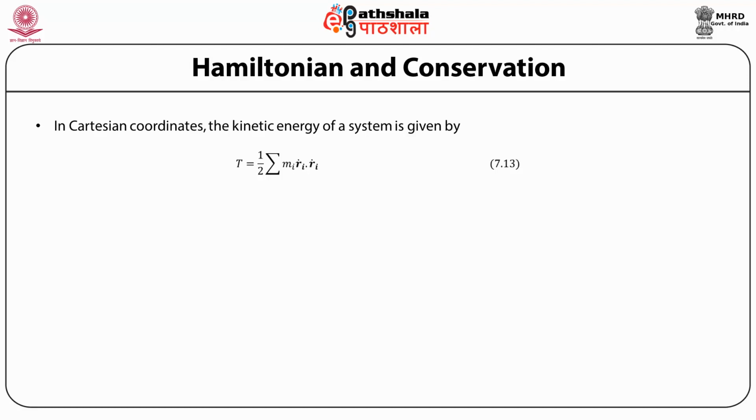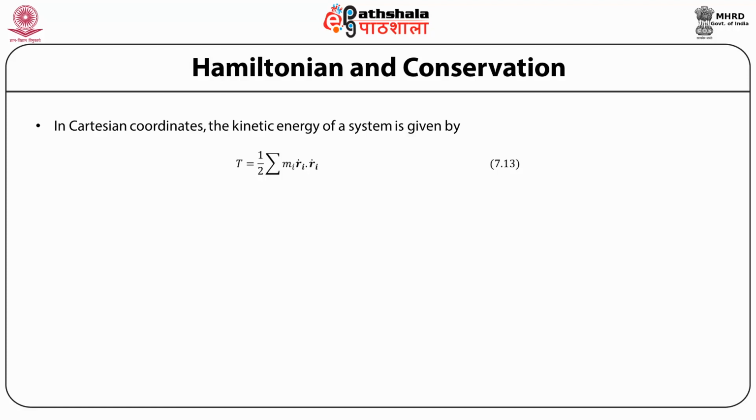A particle of mass mi has a velocity vi, its kinetic energy is half mi vi squared. If the system consists of n particles, the total kinetic energy in Cartesian coordinates is simply given by half sum of mi vi squared, and vi squared can be written as ri dot squared, where ri dot is dri/dt, which is the velocity.